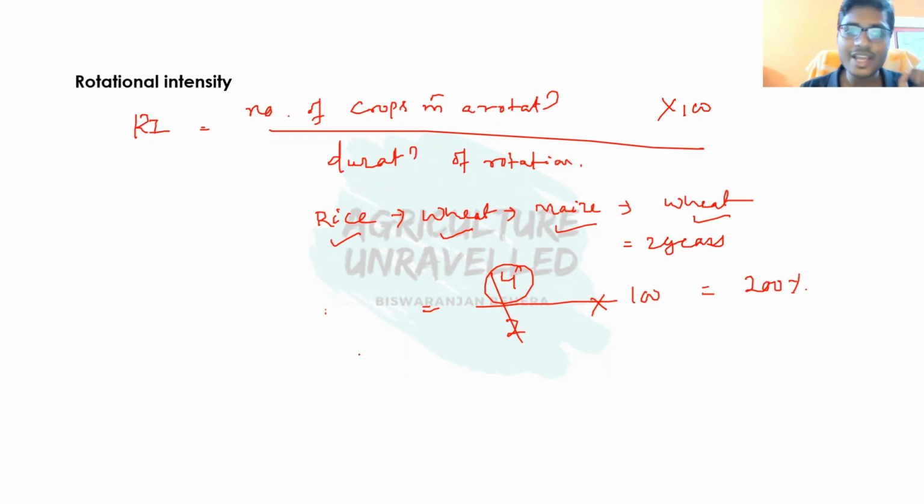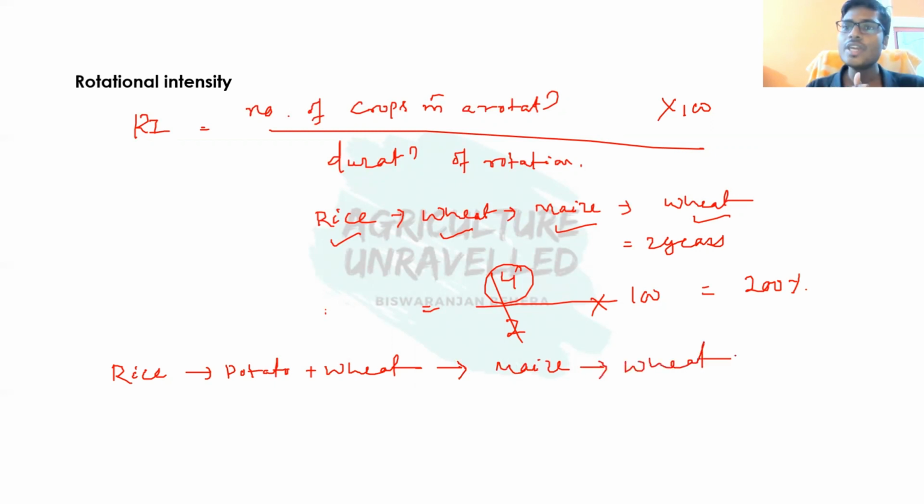I'll give another small example. For example, a farmer is growing rice followed by potato plus wheat, followed by maize, followed by wheat. So here how many crops are there? There are also 4 crops, because here potato and wheat is the intercrop. When an intercrop is there, we have to assume those crops as a single unit.